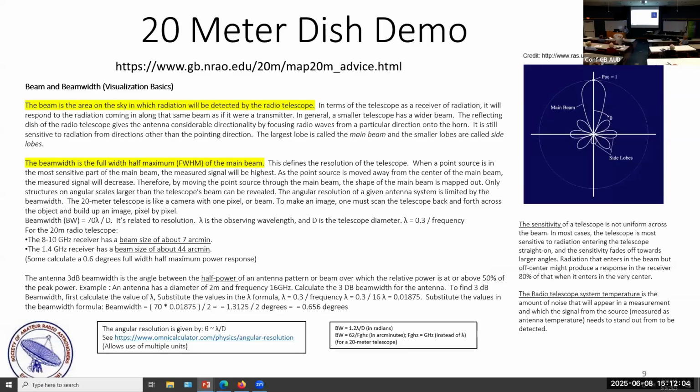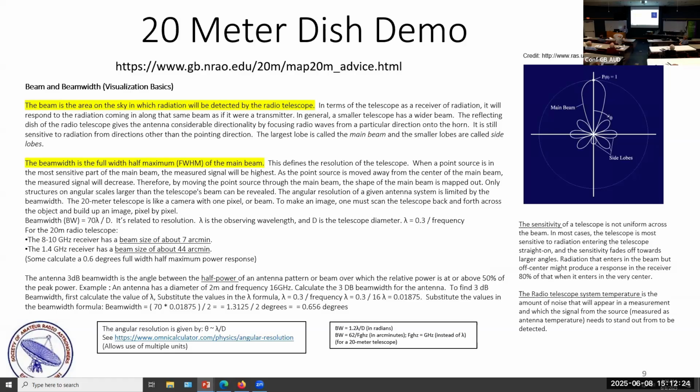Some more recent demos I've been focusing on this because if you did radio astronomy, one of the mistakes you could make is to think that the electromagnetic radiation comes into the dish as parallel lines to a focus. That's not exactly how it works.